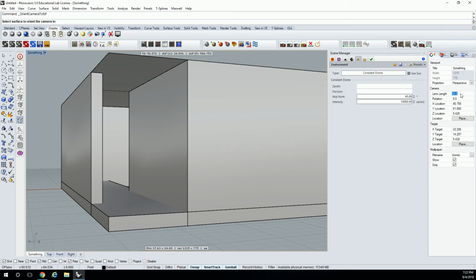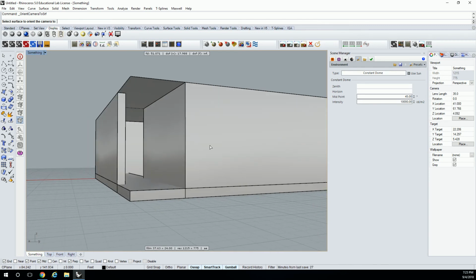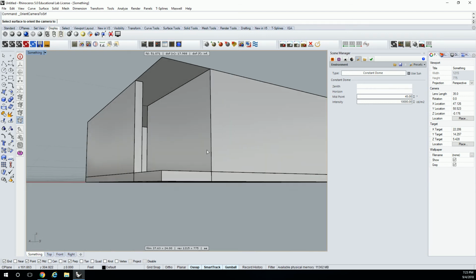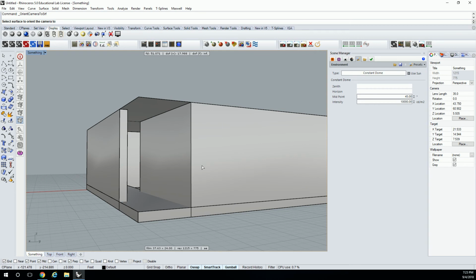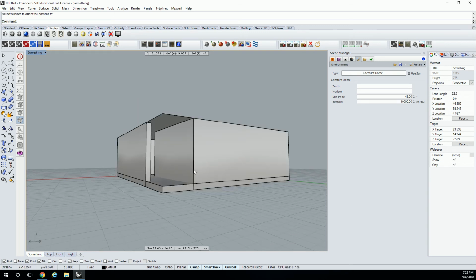If I lower it to a 35, which is closest to what people say the human eye sees. But for most digital projection, you use 50 just because it's easier to view and understand. You probably didn't realize much of a difference between 50 and 35, but once you go down, the difference is kind of exponentially different.